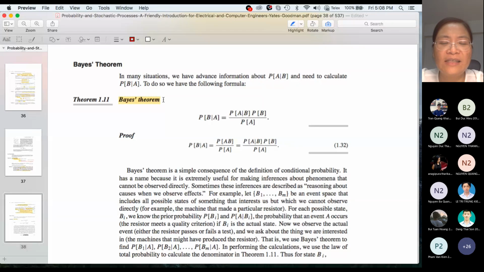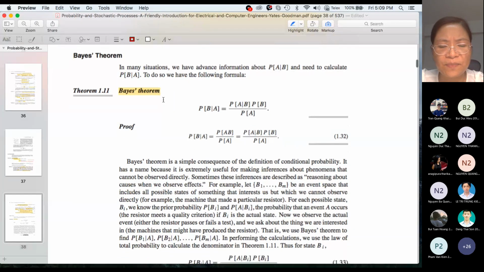Bayes was a scientist from Denmark, or no, not Denmark, Germany. But maybe Germany or Switzerland or Denmark is the same, people call it European.